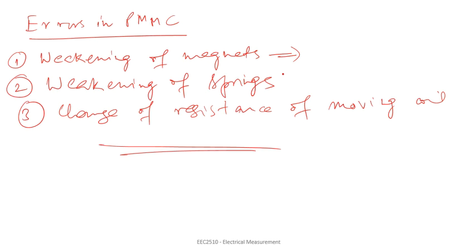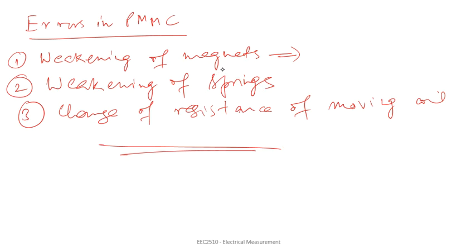If springs weaken, that force will not be fully provided, so the deflection will increase. Whereas if magnets weaken, it will affect the deflecting force, so the deflection will decrease. So the effect of weakening of the magnet is opposite to the weakening of the spring.